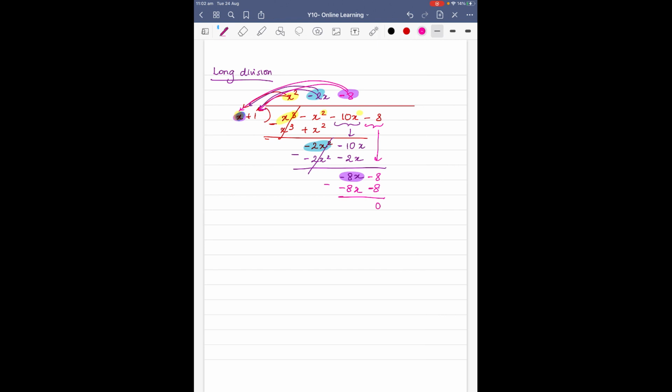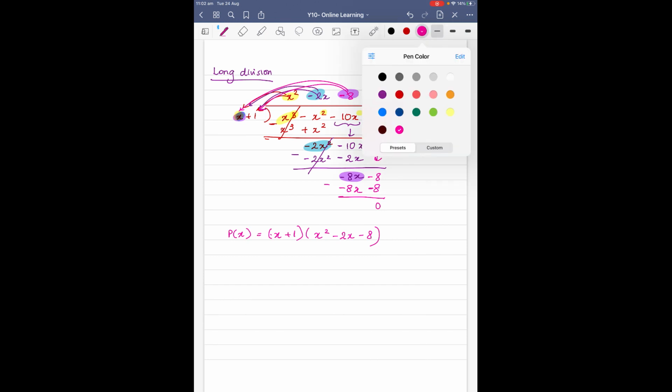So therefore, your p(x) is made up of this times this. So p(x) is x plus 1 times x squared minus 2x minus 8. But we have to further factorize.